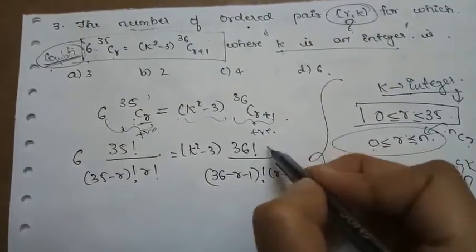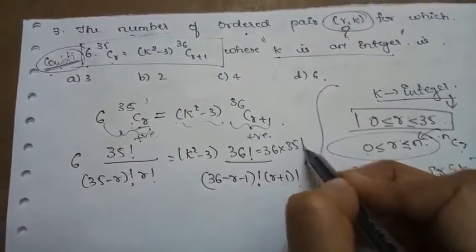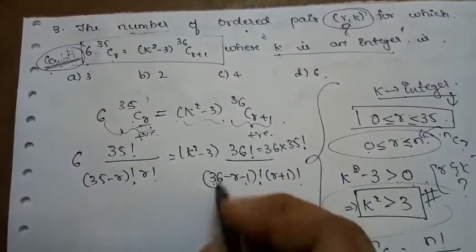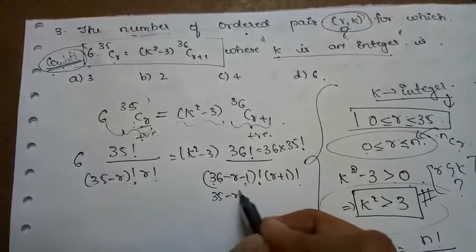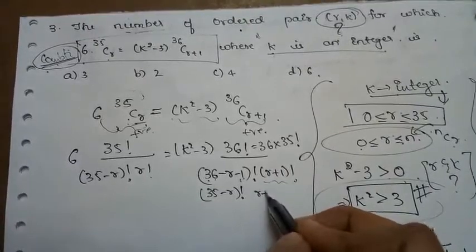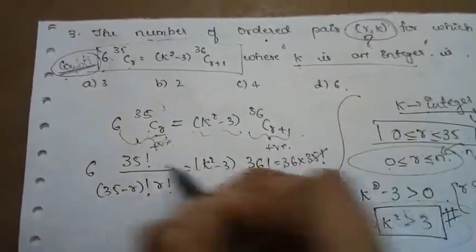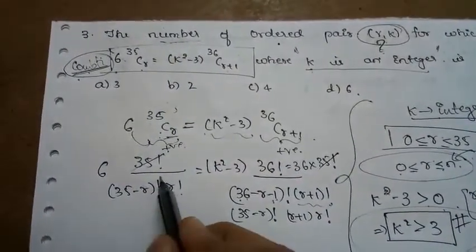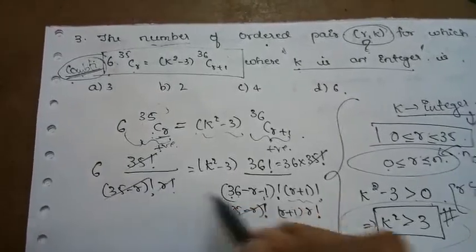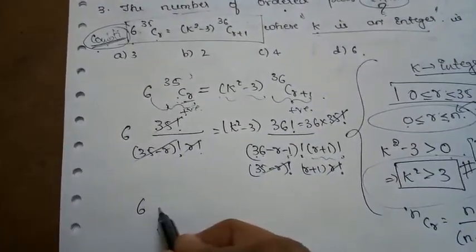Now I can write 36 factorial as 36 into 35 factorial, and 36 minus (r plus 1) becomes 35 minus r factorial, and I can write (r plus 1) factorial as (r plus 1) into r factorial. Now clearly 35 factorial cancels, 35 minus r factorial cancels, and r factorial cancels.